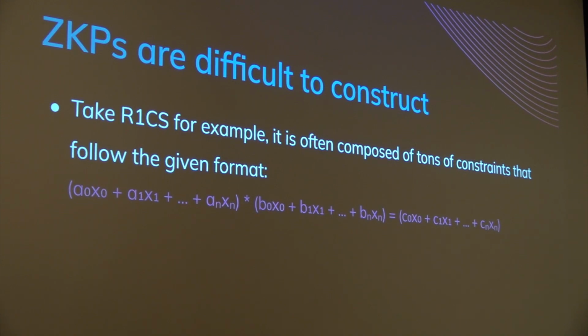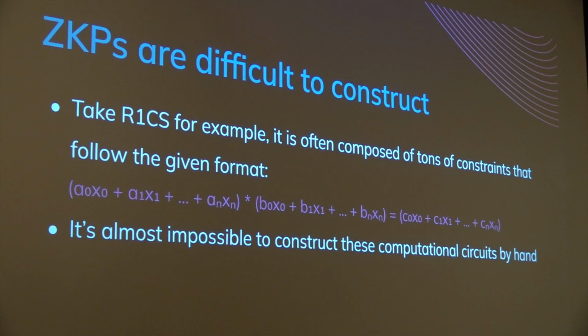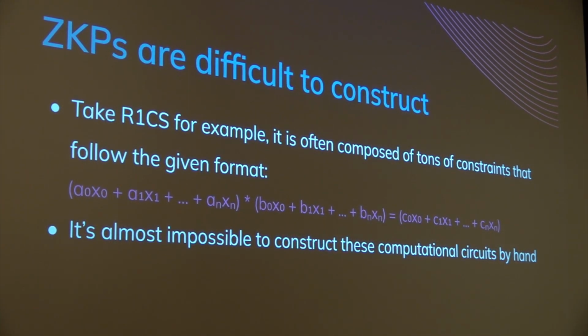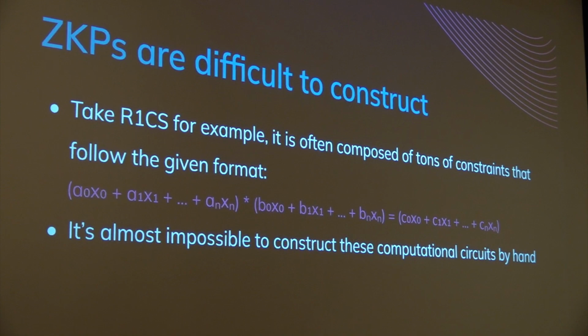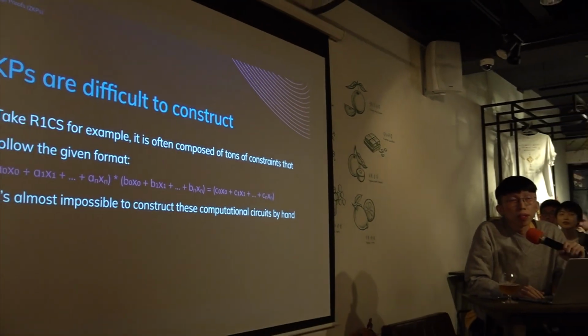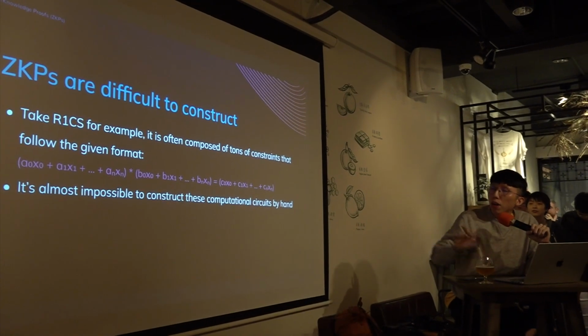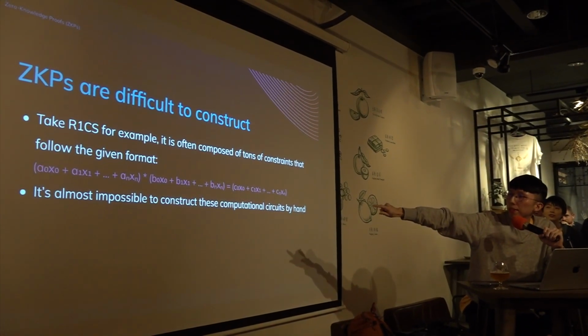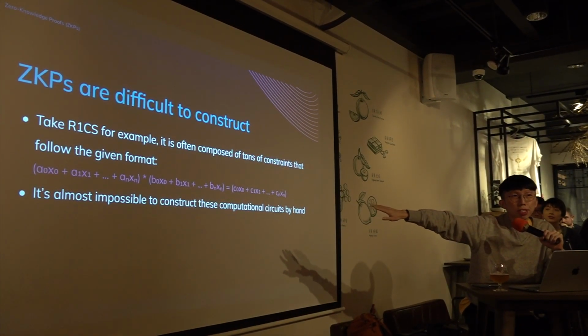So this is what a typical R1CS constraint looks like. Yes? But do you have the modulus or something, because if you multiply them, there should be something like x to the power of 2n. Oh, this is a linear combination of these variables.